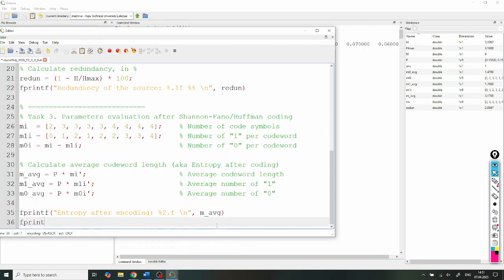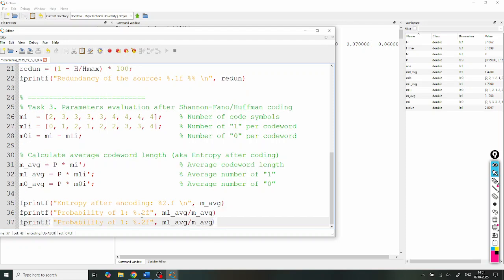Yes, so let's also fprintf probability of 1, which is none other than M1 average versus M average, and probability of 0, M0 average versus M average.